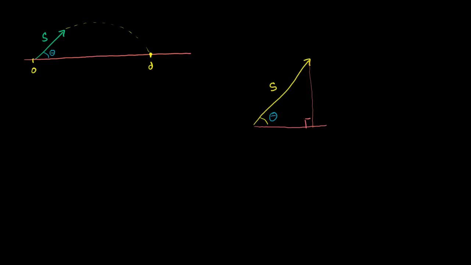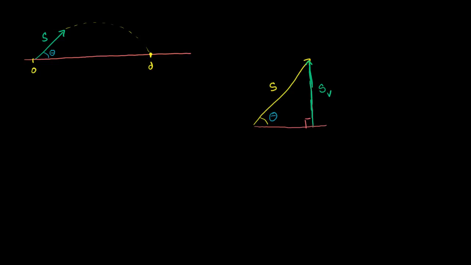The magnitude of the vertical component of our velocity is going to be this length right here. You can imagine the length of that is going to be our vertical speed. So this is our vertical speed. Maybe I'll just call that the speed sub vertical.